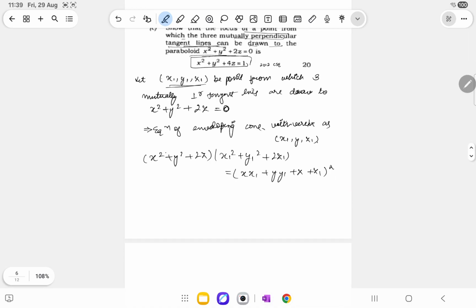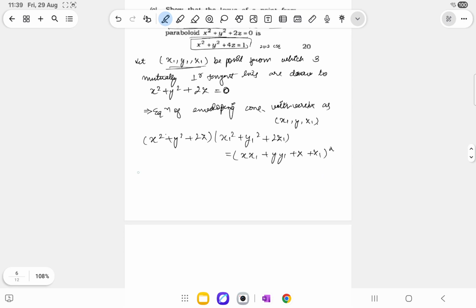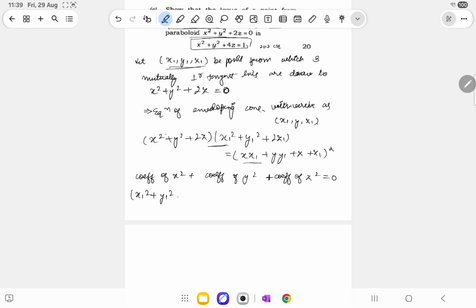So this is the equation of the enveloping cone, and since there are three mutually perpendicular tangent lines, the condition for that is that the coefficient of x square plus the coefficient of y square plus the coefficient of z square, their sum, must be equal to 0. So from here, the coefficient of x square is x1 square plus y1 square plus 2z1 minus x1 square. Taking this x1 square to the left hand side gives minus x1 square.